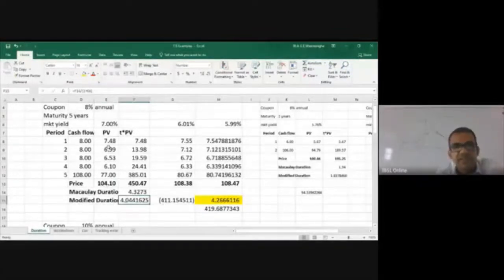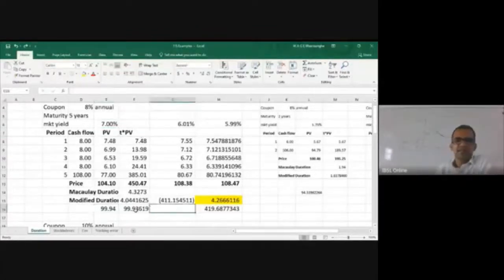So we expect the price to be 99.93 if the yield increased by 1%. You know what this figure is?